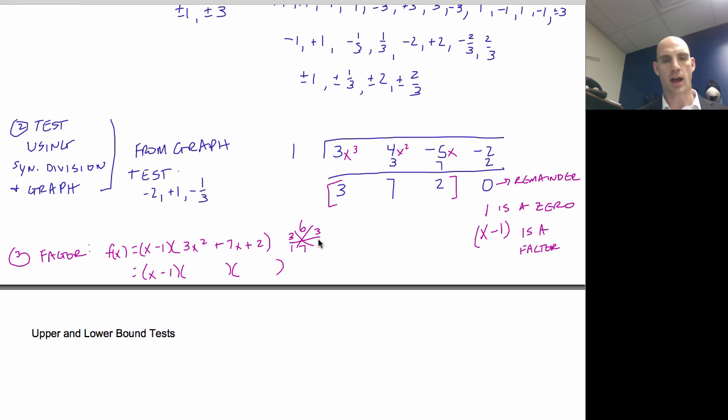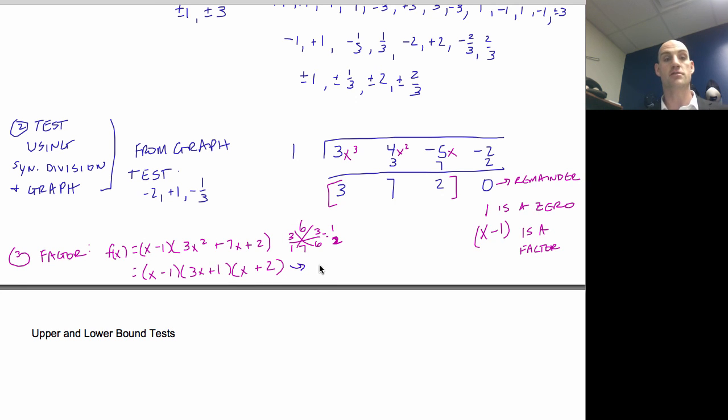It's going to be 1 and 6. So if I reduce this, this would be 1 over 3. So I'm going to have, no, 1 over 2. I'm going to have 3x plus 1 and x plus 2. Well, what does that mean? I just factored that. Those are things I know how to do. I found one of my rational zeros, so I wrote it as a linear factor. And now I've got a factorization.